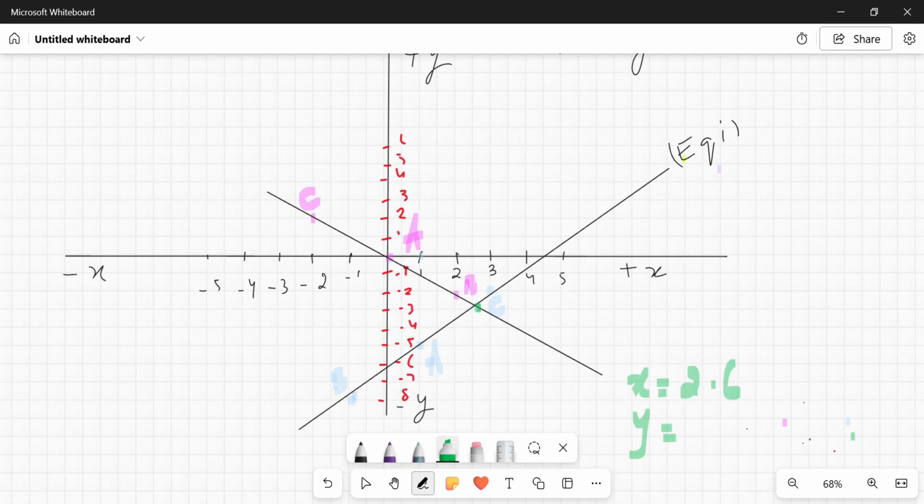It's somewhere like 2.7 or something. It's just before -3 here, right? So you can say this is a negative 2.8 or 2.7 or something. 2.7 or 2.8, right?